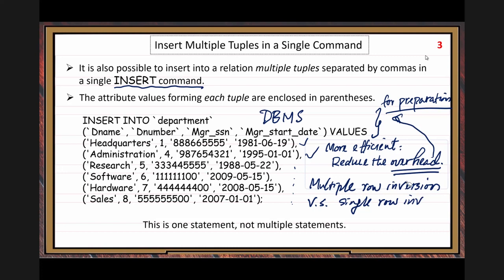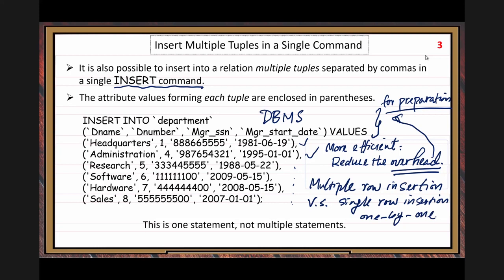Sorry, not inversion. Insertion. Single row insertion, one by one, one after another. Because with single row, you need to do the next row, right? One by one. These two ways.